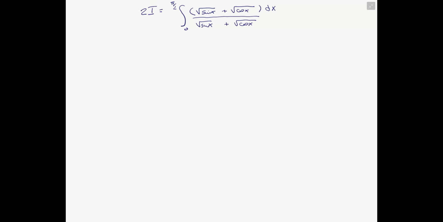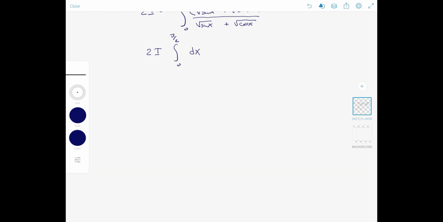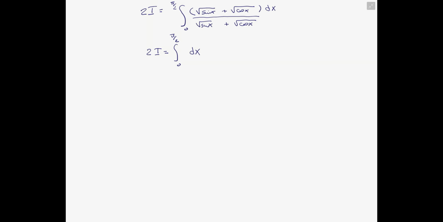And what we have is 2I equals 0 to pi on 2 of the square root of sine of x plus the square root of cosine of x, dx over the square root of sine of x plus the square root of cosine of x, dx.